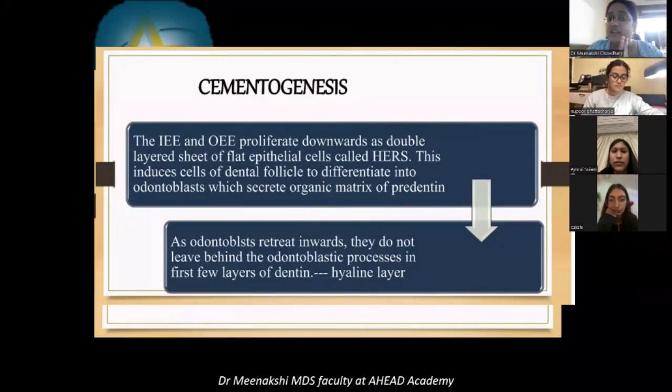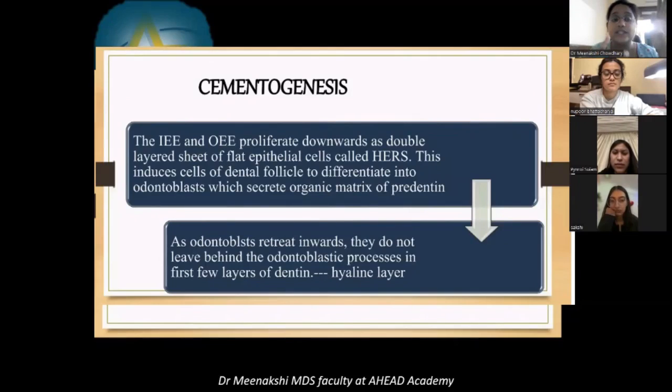Briefly, the cementogenesis: the inner enamel epithelium and outer enamel epithelium. During development of the root, they were proliferating downward, and this double layer of sheath comprising the inner enamel epithelium and outer enamel epithelium were merging out as flat epithelial cells in a row. That row was referred to as Hertwig's epithelial root sheath.